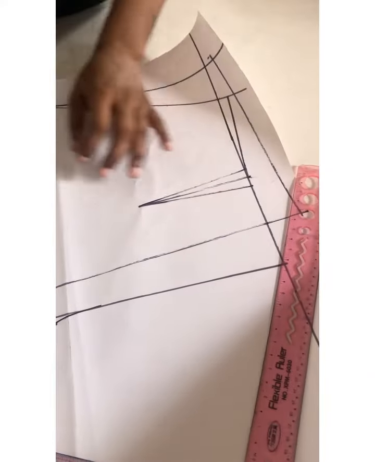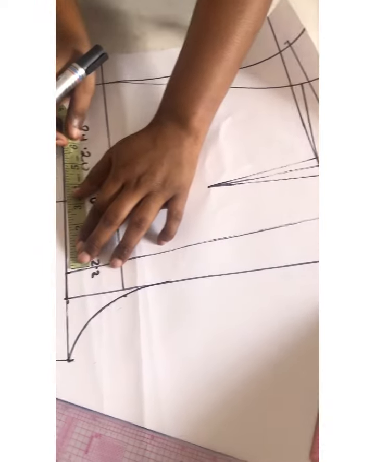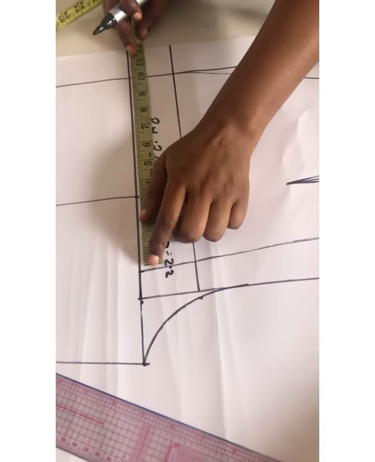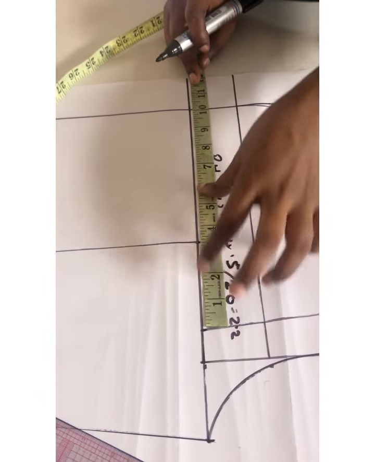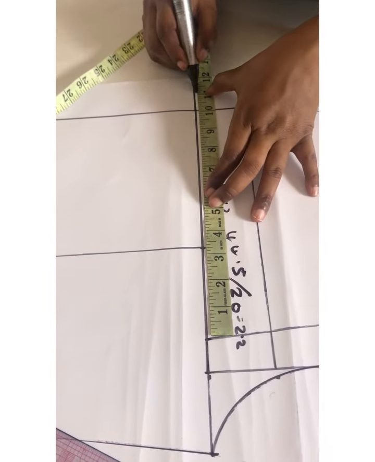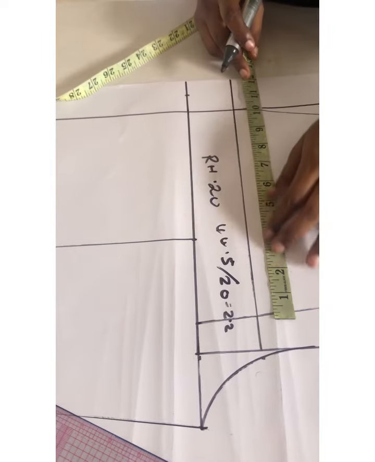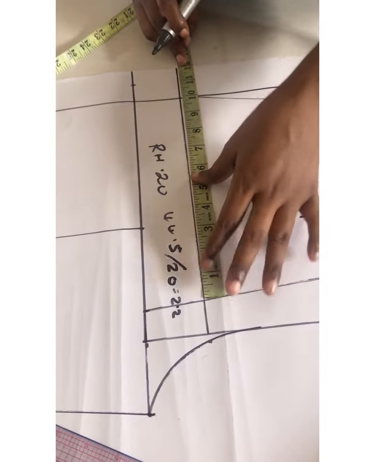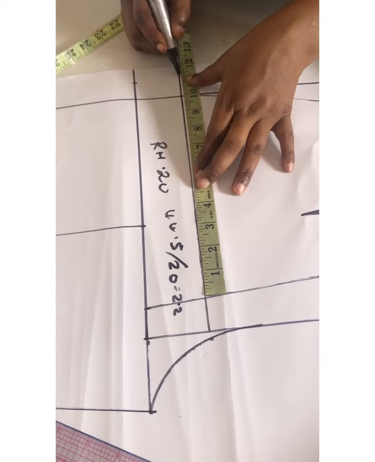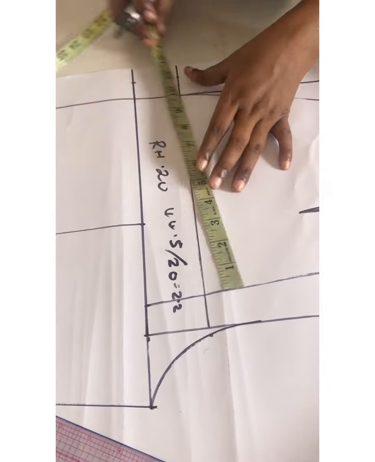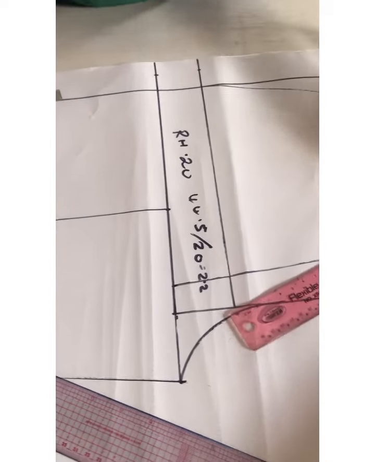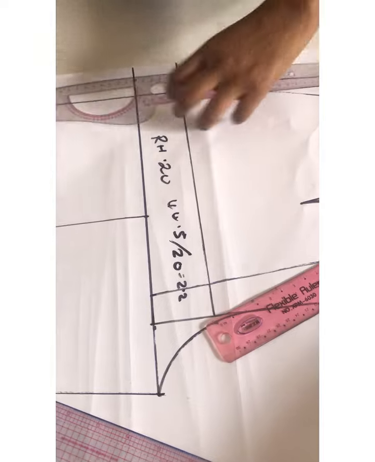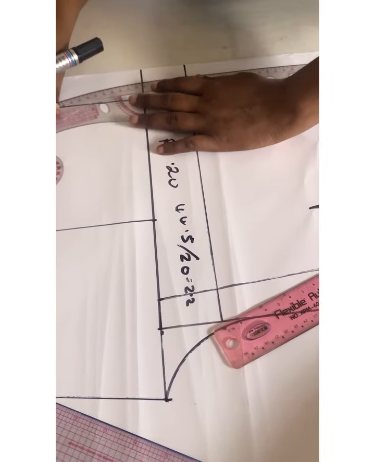Now for our hip, remember my hip is 11.1. From this our back line, I'm going to be taking 11.1. I'm doing the same thing, 11.1. And I'll be connecting those lines without using so much curve.